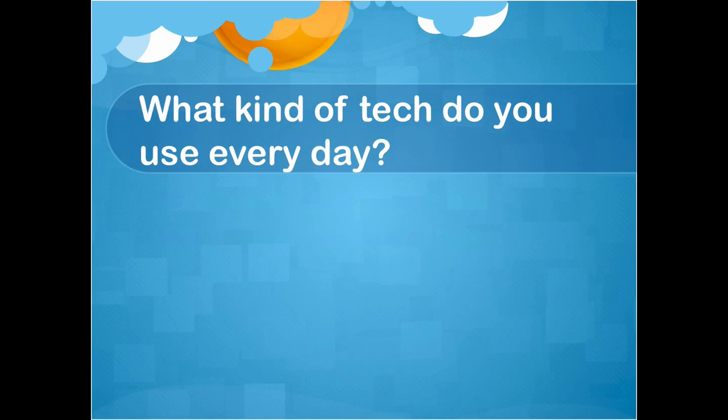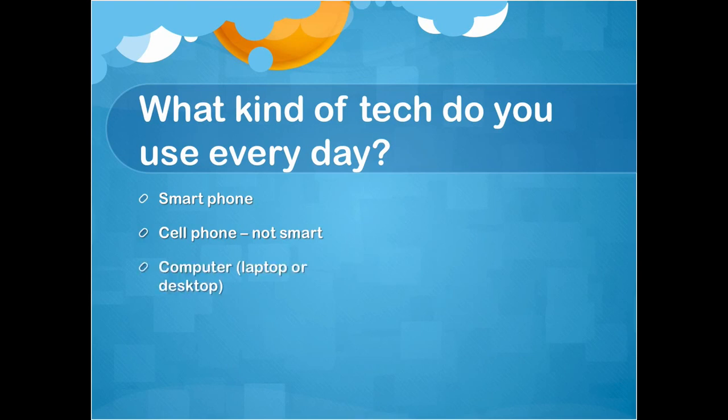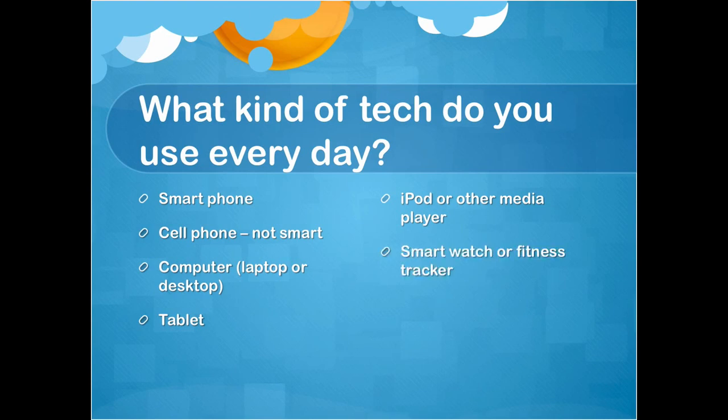But if we were in class, I would ask you the same, and we would get a number of different types of technology. Smartphones, certainly other types of cell phones, not smart. I guess you could distinguish the two. Computers, laptops, desktops, tablets, iPads, Android, Kindles, all different kinds of tablets, iPods, other standalone media players like that, smartwatches, like I mentioned, fitness trackers, all different types of personal mobile technologies, car GPS.